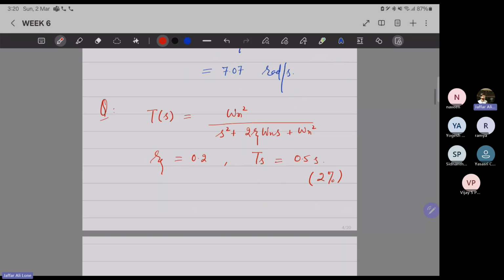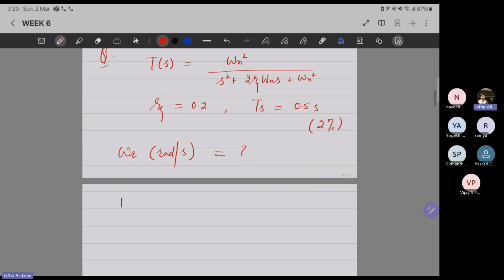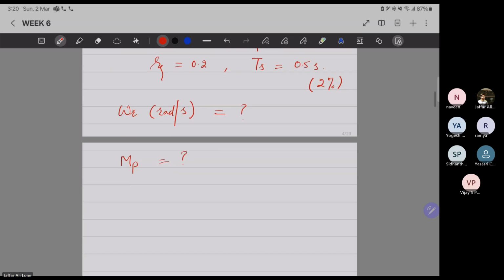Then you're asked to find the resonant peak frequency, that is omega r, which will be in radians per second. And also you have been asked to find the resonant peak, so the peak value. And also you are asked to find the bandwidth. Please try solving this question.